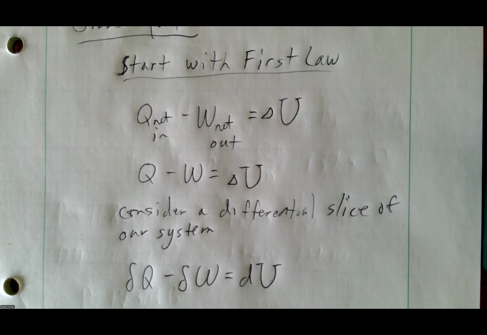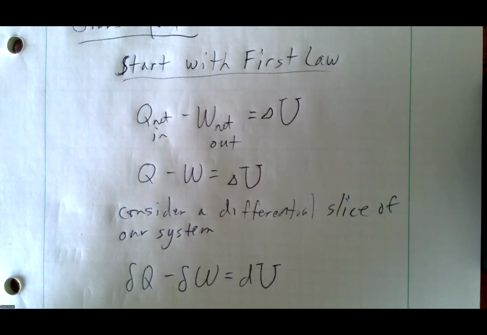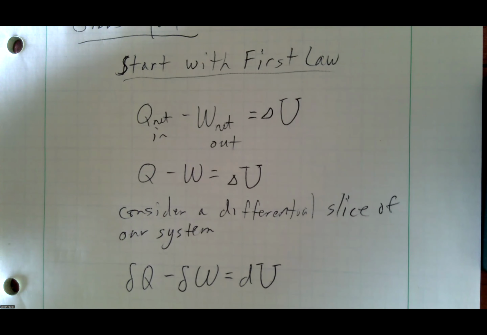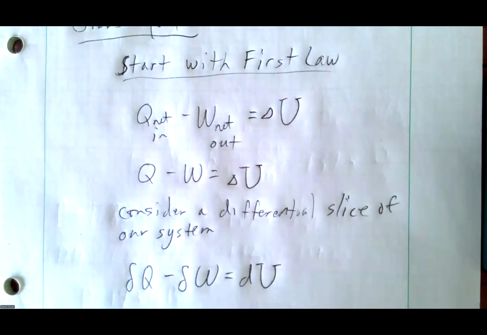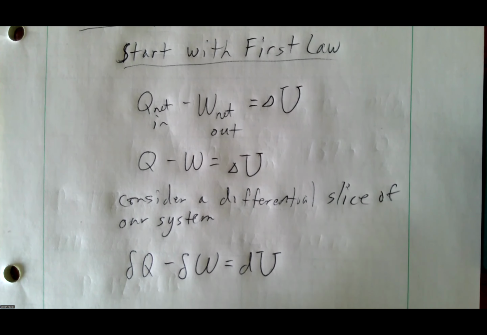So we have to use inexact differentials for these because they may be dependent on more than one variable. They might only be dependent on one variable. They're probably dependent on more than one variable. The U value, on the other hand, is dependent only on the state of the system. So that's one variable. So we'll use a regular ordinary differential for that. All the same, what are we talking about? These are tiny little slices of our system, differentially, infinitesimally small slices of our system.